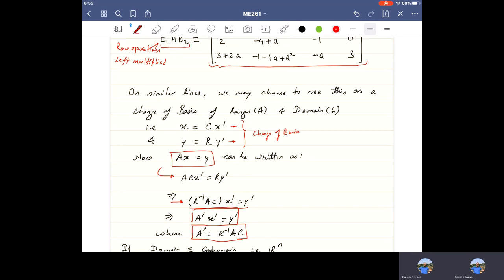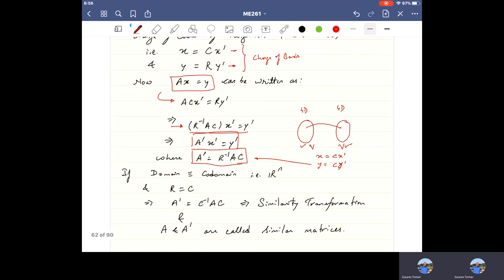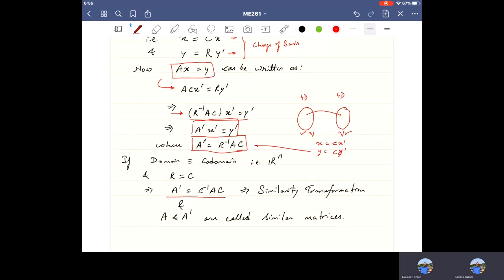Now suppose the domain and codomain were the same, let's say you are mapping a four-dimensional space to a four-dimensional space. If I change the basis for this and I also change the basis for this, so that x is written as C times x prime, and I also change y by the same representation, using the same basis for both vector spaces, then R is equal to C, and what you get is A prime equal to C inverse AC.